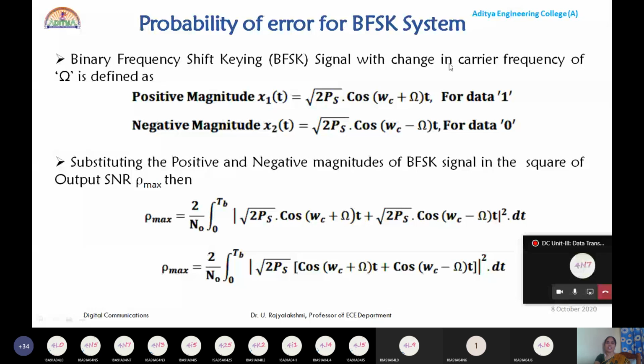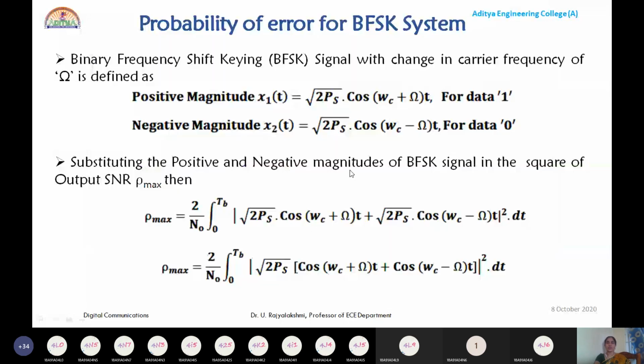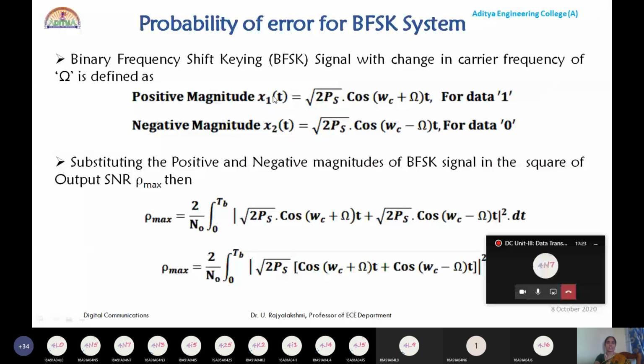Here we'll get only the change in the carrier frequency. So x1 of t is the increase in the carrier frequency whenever the input data bit is 1, and whenever the data bit is 0, there is a decrease in carrier frequency, by an amount defined as delta omega. So omega c plus this omega value.